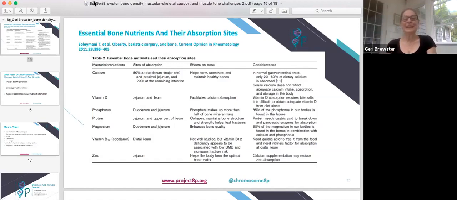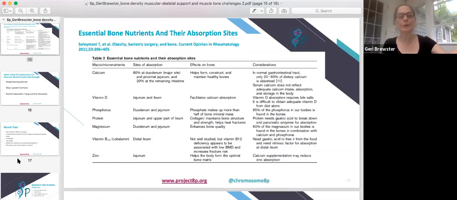Anyway, here's a basic summary chart that I pulled from a rheumatology journal, because all these parts of the body and all these systems are interrelated.